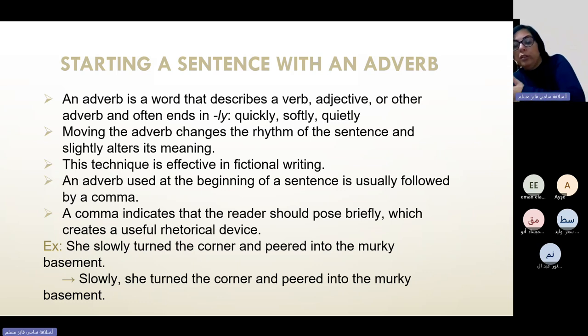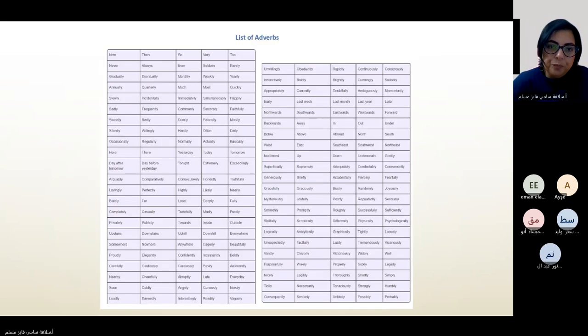Slowly, motion, okay? She turned the corner. All right, so this is how you use an adverb to give some variety in your writing, okay?